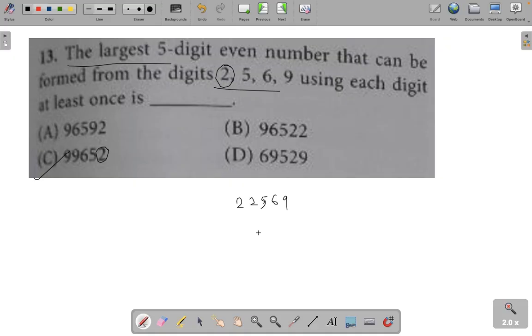Sir, 22596. So you repeated 2 twice. That is the maximum number of times you can repeat. Then you wrote 5, which is smaller. Then you have to reserve the 6 for the end. So you wrote 9 first and then 6. Yeah, very good.